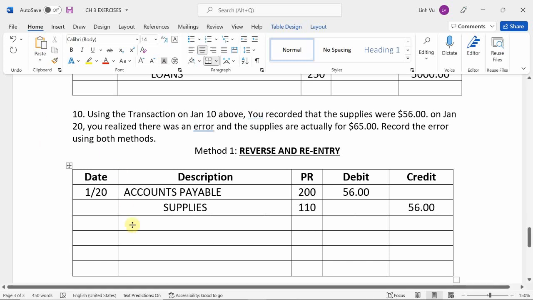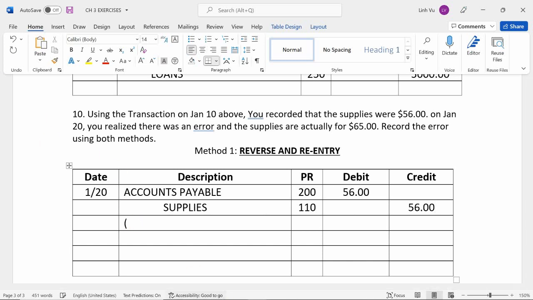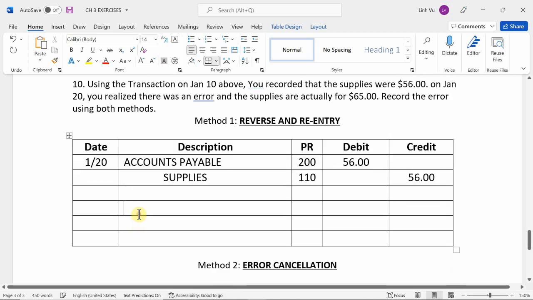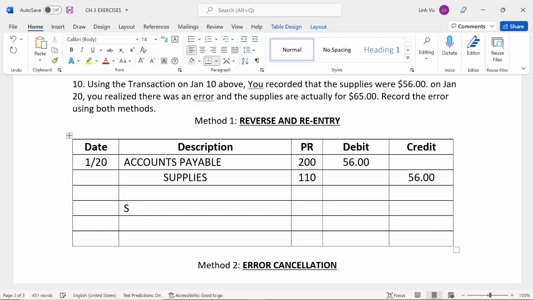Your job here is to correct the entry. Actually, no, because you're just reversing it. So what's the next one? And then we write the supplies. I added "office" by accident, so just supplies.